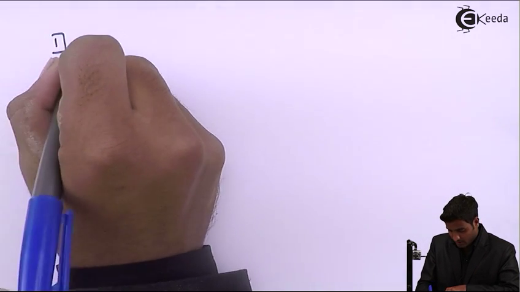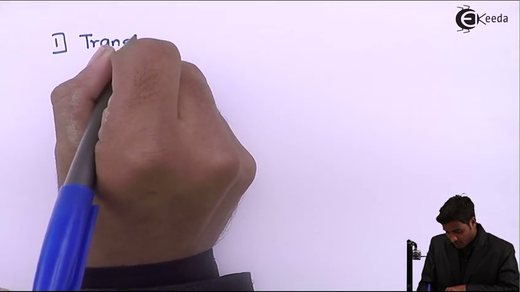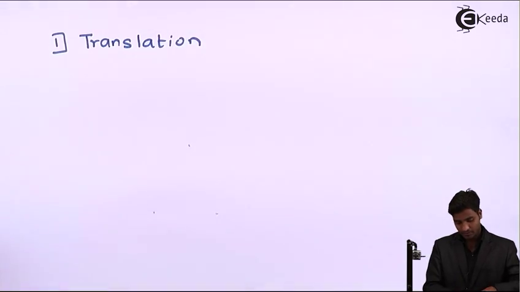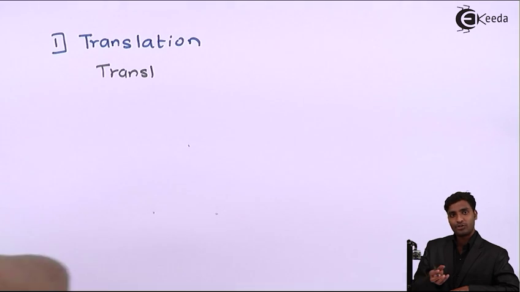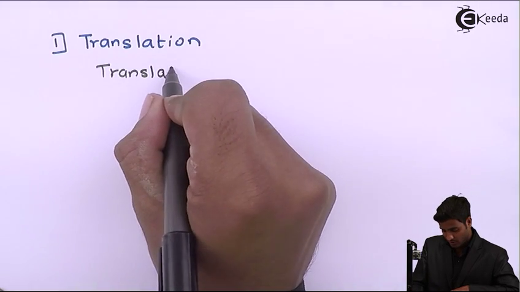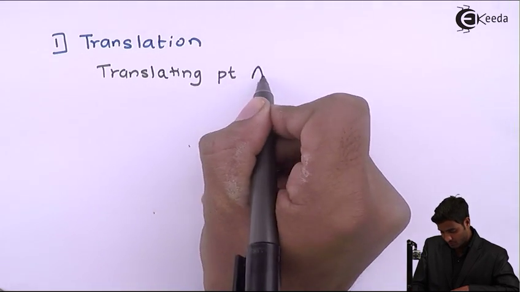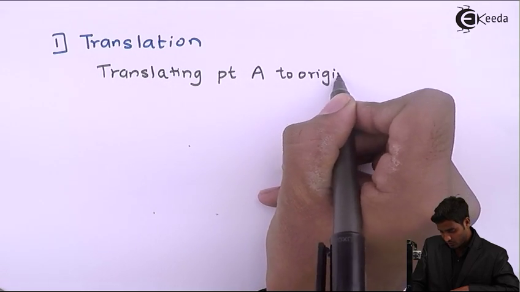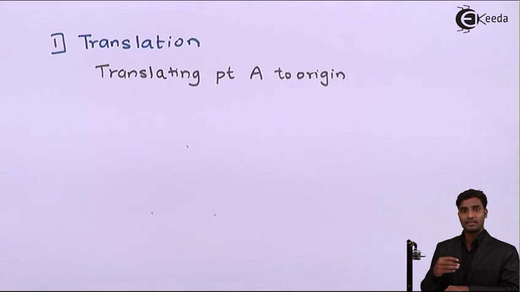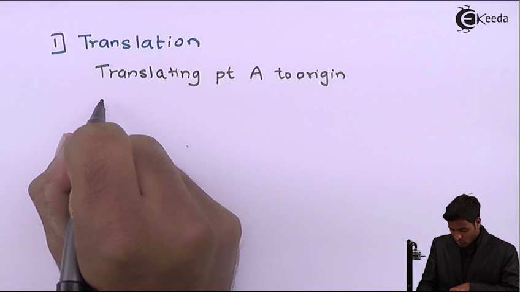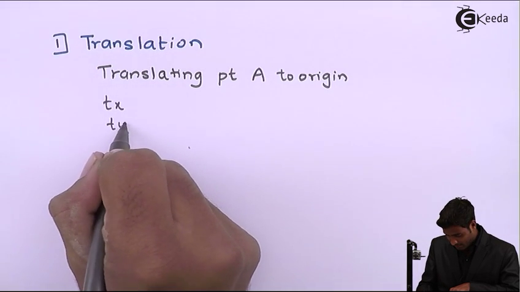First, translation. We will translate point A to the origin. For that I will require Tx, that is translation along the x direction, and Ty, translation along the y direction.